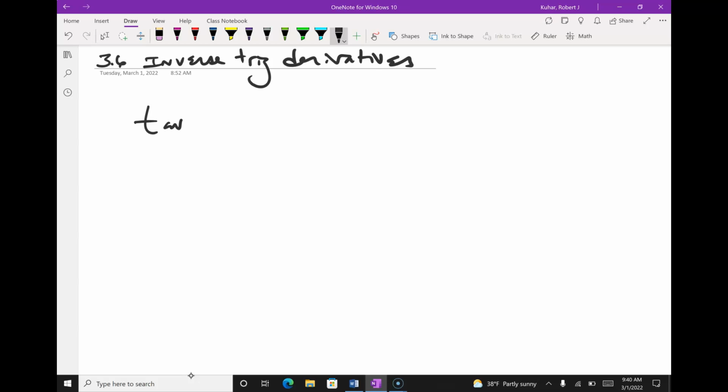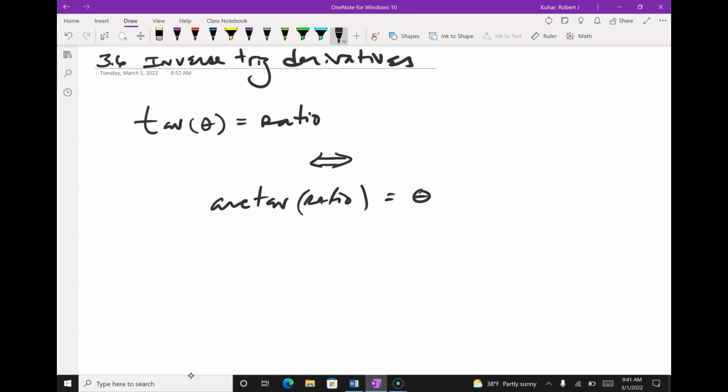that tangent of theta is some ratio, equivalent to: arctan of the ratio is theta. So my trig function has an input of an angle, and it gives me the ratio of sides of a right triangle.